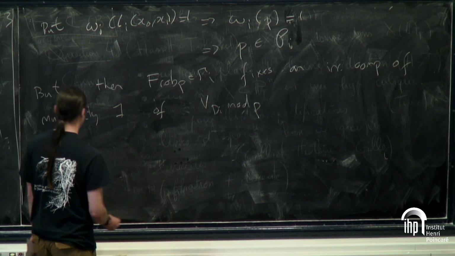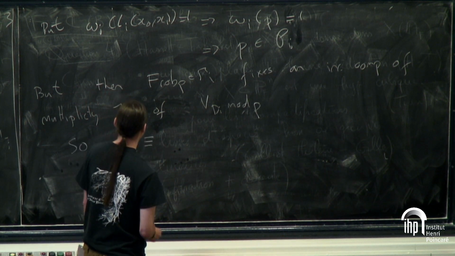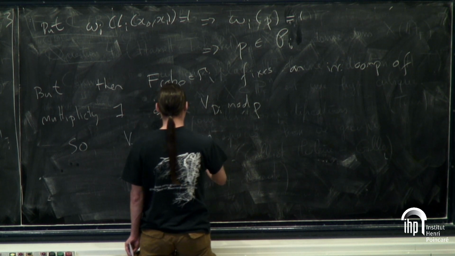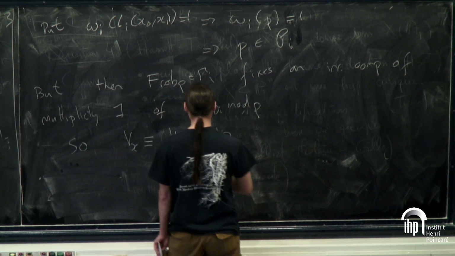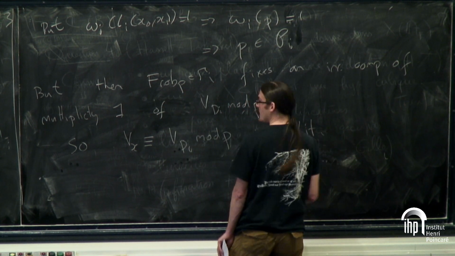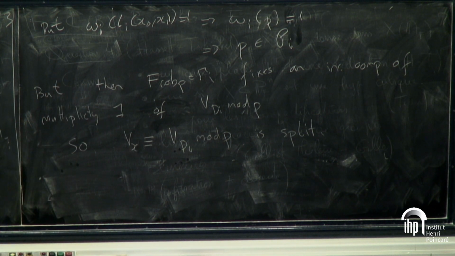Hope that makes sense. The fiber over my point x modulo p is just congruent to the fiber over this guy. So this is split. That proved the claim.